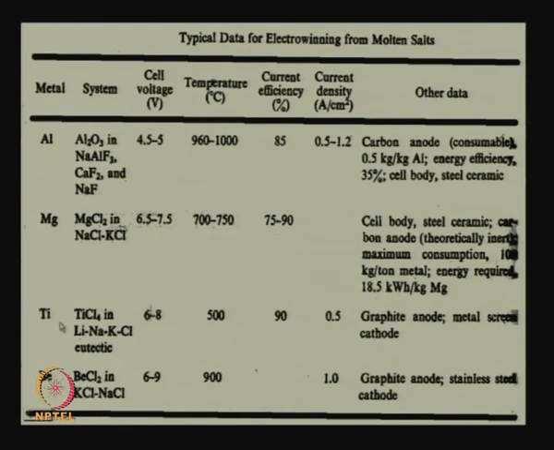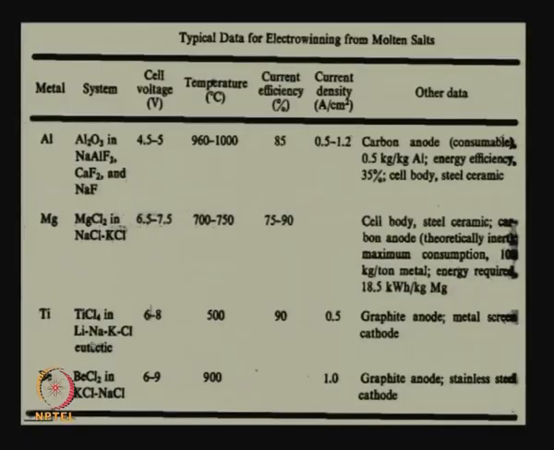Titanium can be produced by decomposition of TiCl4 in a eutectic mixture of lithium, sodium, potassium chloride, means 3 chlorides make a eutectic system, the melting point goes down, and in that we put titanium tetrachloride. So, it is actually a quaternary.